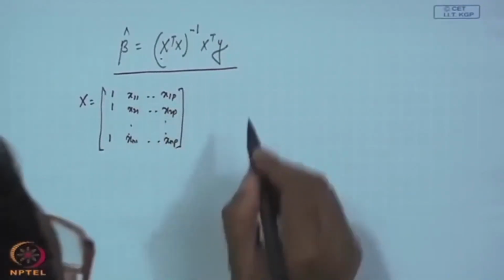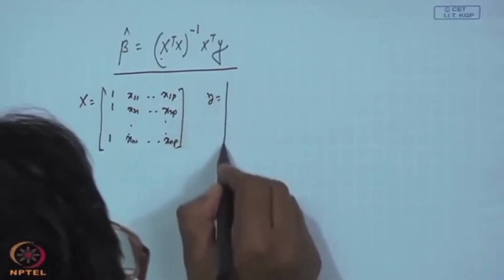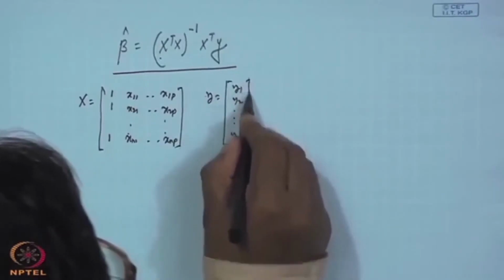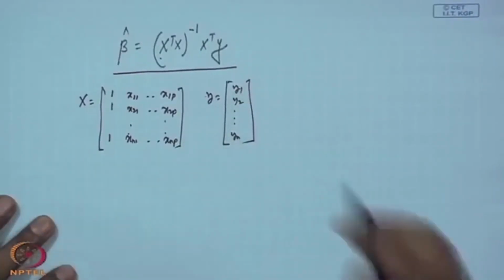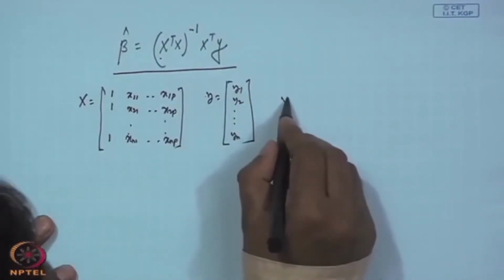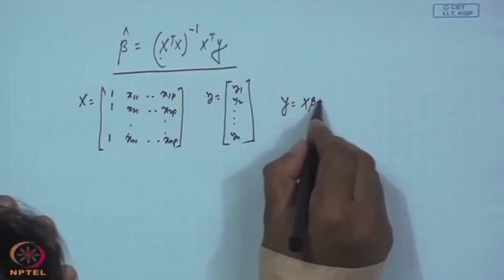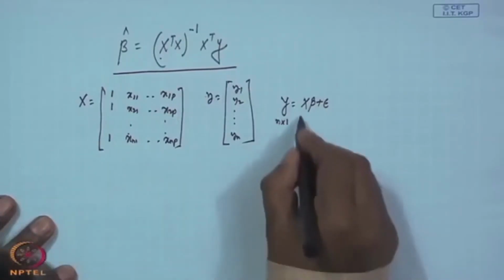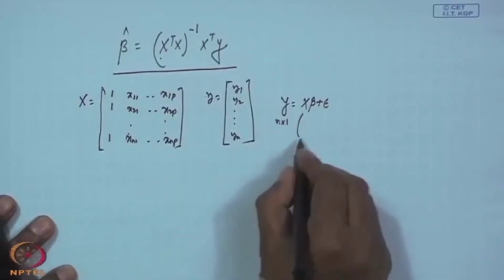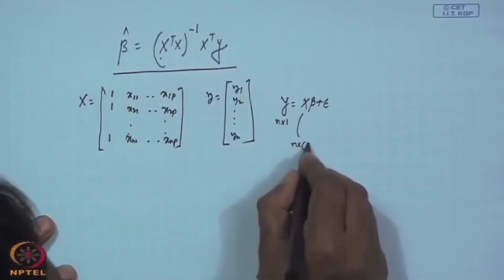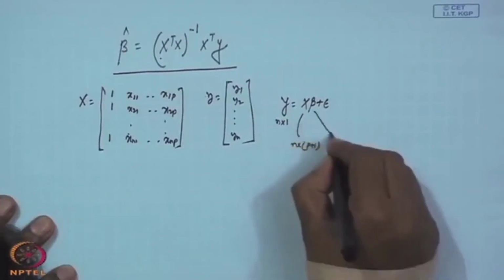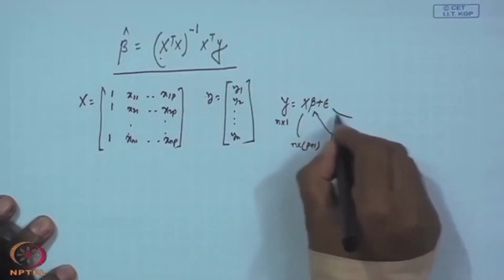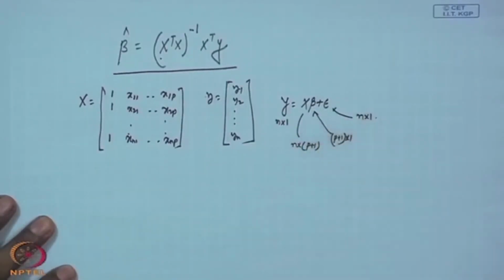Okay. And y is one variable only: y1, y2, dot dot dot, yn. Your regression equation is y is x beta plus epsilon, where y is n cross 1, x is n into p plus 1. So, beta will be p plus 1 cross 1, and epsilon will be n cross 1.